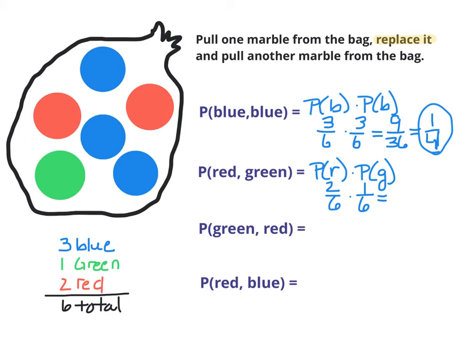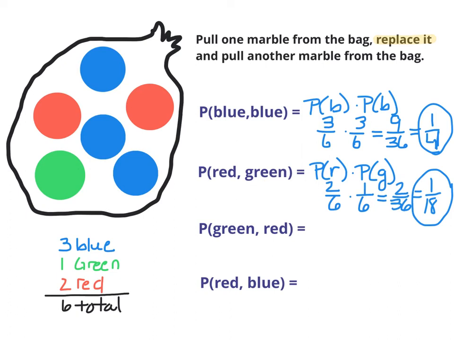And when I multiply these fractions, 2 times 1 would be 2, and 6 times 6 would be 36. And yes, you can simplify ahead of time. 2 out of 36 would simplify to 1 out of 18. So that's the probability of pulling a red first and then a green.